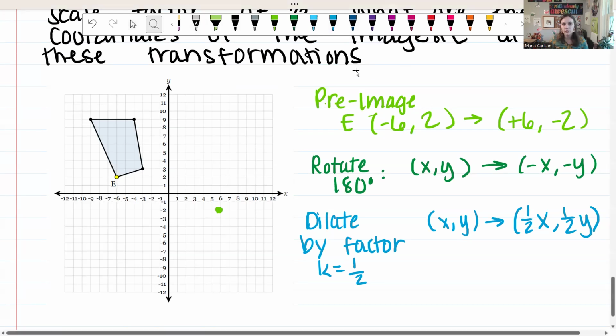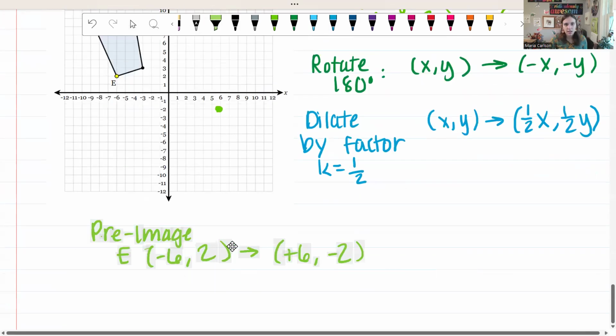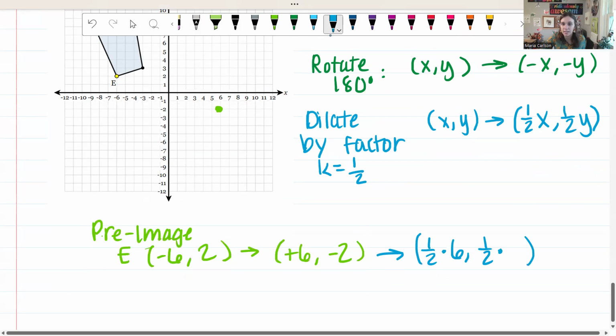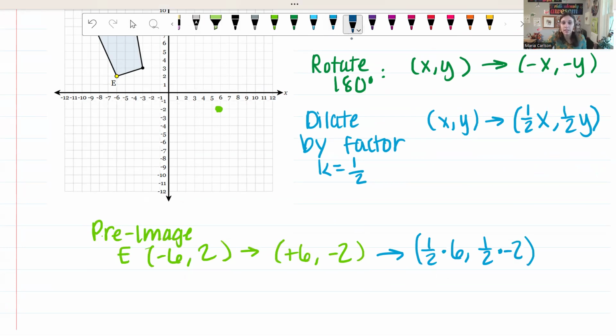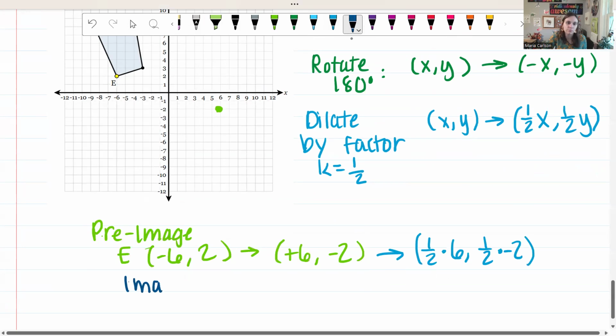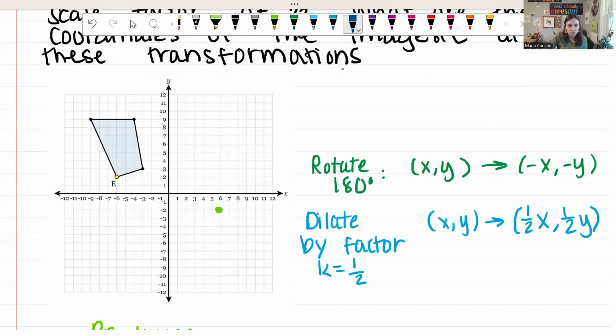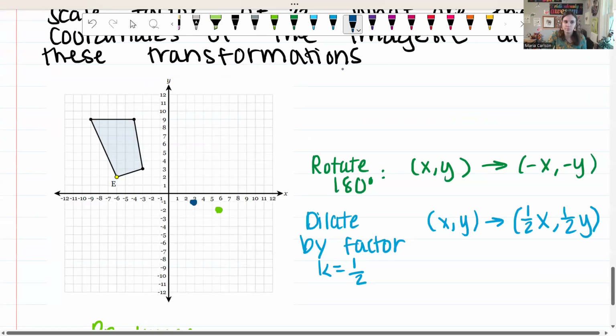So this pre-image E, we have rotated it, and now we are going to dilate it by multiplying both the x and the y by 1/2. So 1/2 times 6, comma, 1/2 times -2 gives us that our image has the coordinates 1/2 times 6 is 3, and 1/2 times -2 is -1. So 3, -1. That is our image after both transformations.